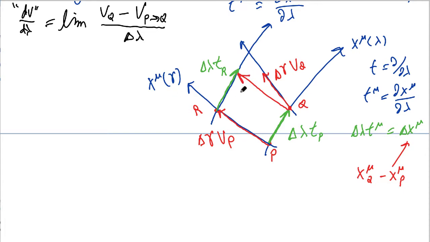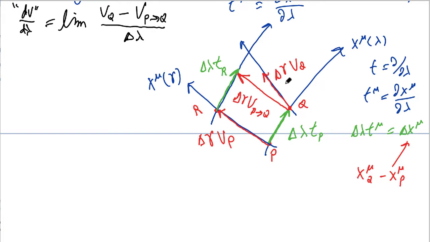And let's call that vector delta gamma times V at point P transported to point Q. Okay, that's this vector right here. So it's the Lie transport of this vector from P to Q. Okay, and now we subtract these two vectors, and the result is the Lie derivative.